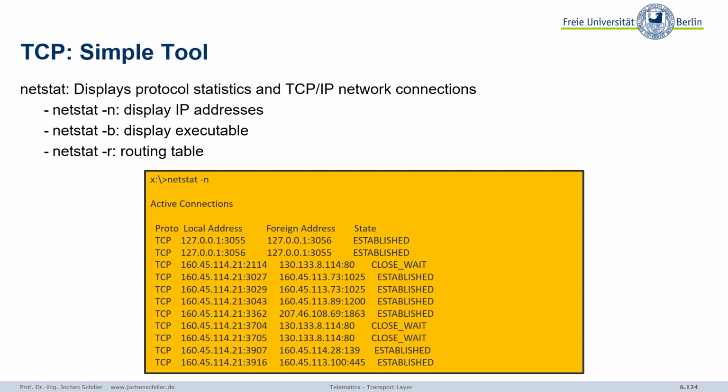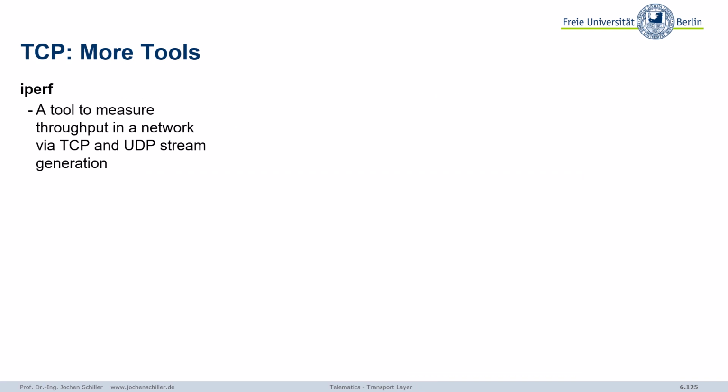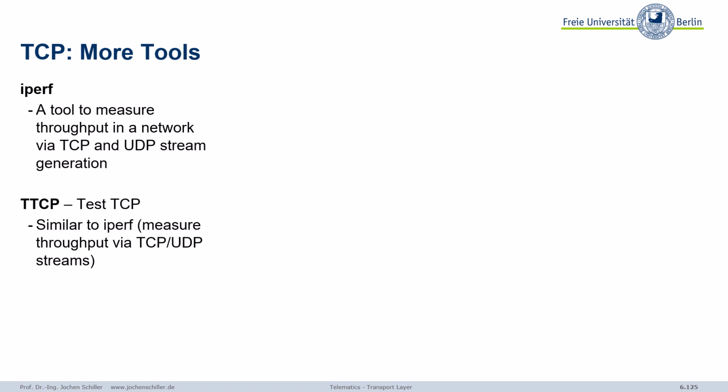But, and that's the interesting part, you see the current state of the connections. We talked about the state machines, and here you can see the state. You can check the performance, the throughput in a network. You can generate TCP and UDP streams with iPerf or TTCP. So it also helps you measure throughput.